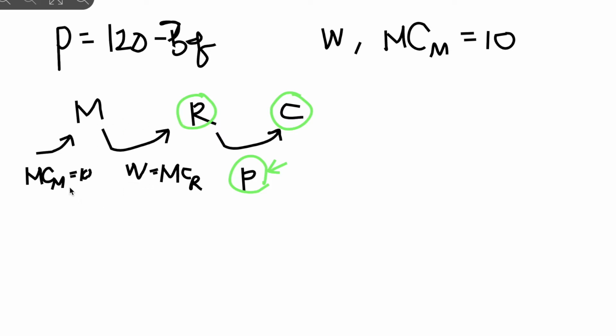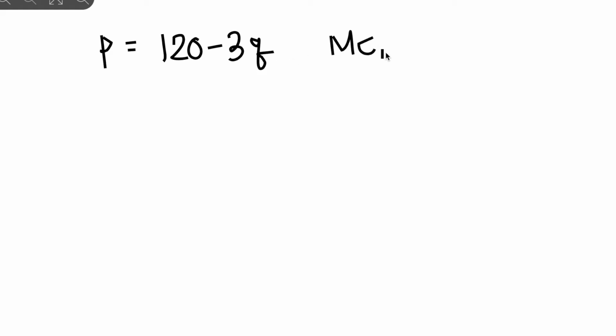And then we're gonna solve the equilibrium quantity, the equilibrium price to the retailer and the price to the consumer. Okay, so let's erase it and rewrite it. P equals 120 minus 3Q, and we have the marginal cost for the manufacturer equals 10.